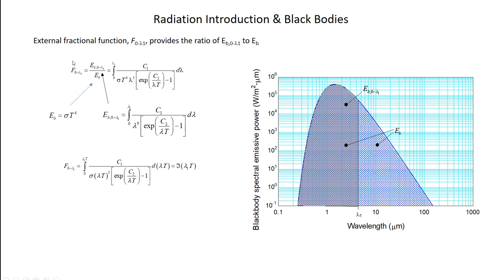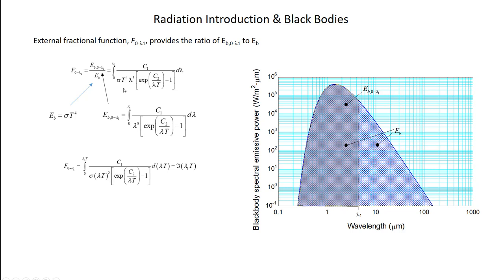It gives you the ratio of how much radiation is emitted in the band you're interested in, so from 0 to lambda 1, divided by the total amount of radiation emitted by the same black body, right? So it's the ratio of this integral right here that we said had no closed form solution, in watts per meter squared, divided by the total amount of radiation, which is just sigma T to the fourth. So that's what you have here.